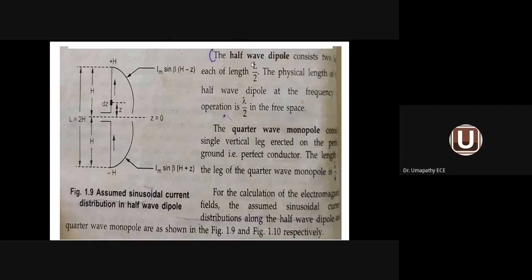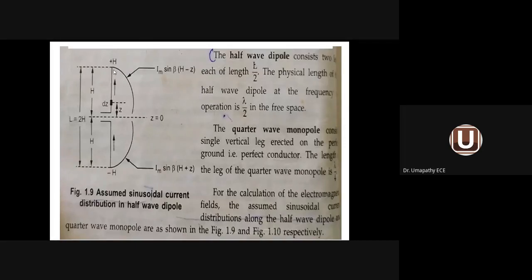Here it is shown, half-wave dipole means length L by 2, one dipole. But the physical length is lambda by 2. Quarter wave monopole, the physical length is lambda by 4. You can also see the current distribution. Whereas in the previous topic, we have taken the alternating current element as very small in size as well as length, so uniform current will be flowing.